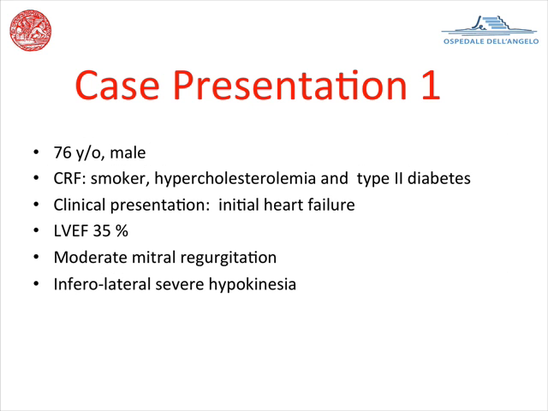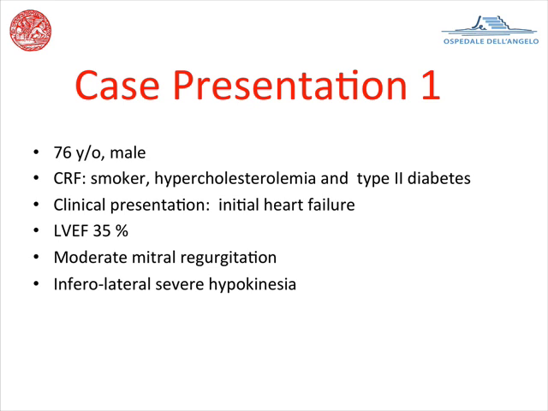The first case is about a 76-year-old gentleman, current smoker, dyslipidemic, and with type 2 diabetes. He was admitted to the local medical department because of an initial heart failure. His past medical history was not relevant.